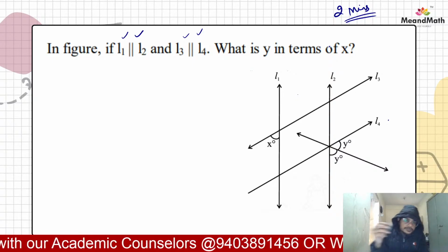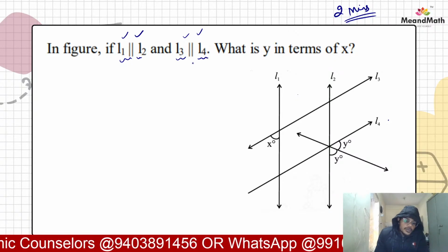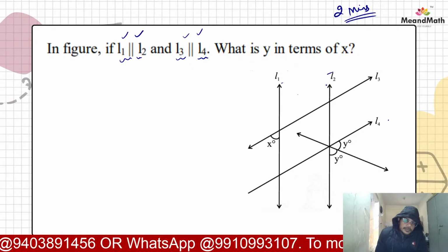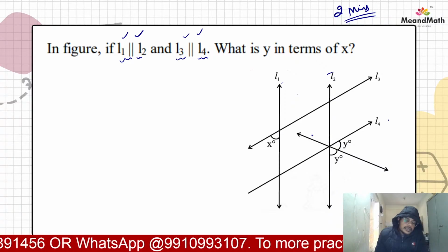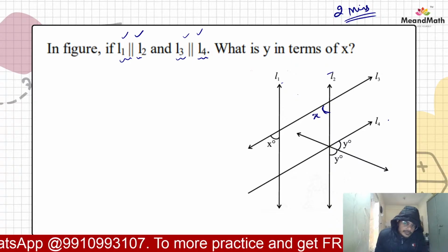Okay, see, L1 is parallel to L2 and L3 is parallel to L4. So L1 is parallel to L2, right? And see, this X angle should be equal to this X, right?